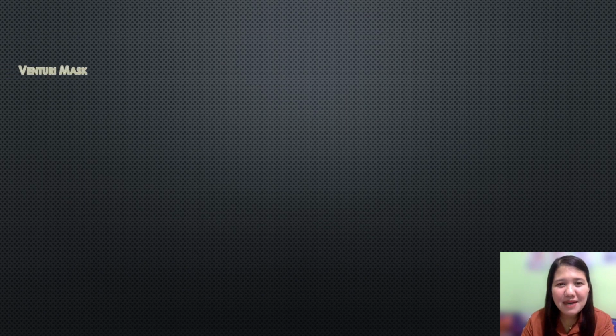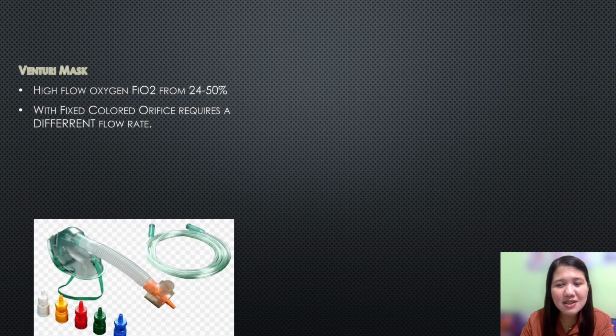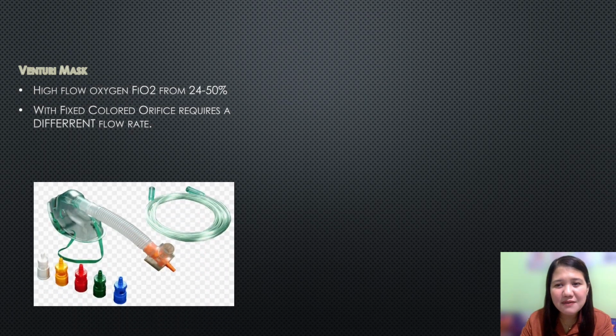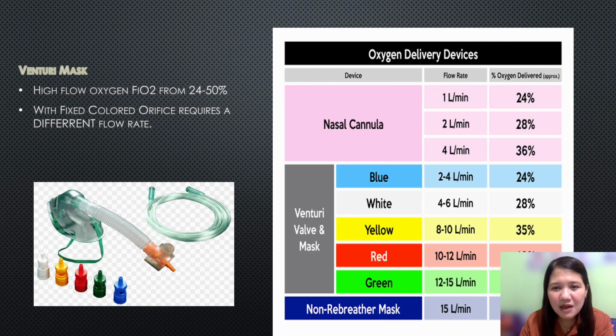Moving on, the Venturi mask. This is a high flow oxygen device which gives an exact FiO2 ranging from 24 to 40%. It has a flexible oxygen tubing line with a fixed orifice device with different colors specific to a liter flow. There are 6 different colors of these valves that deliver an exact amount of oxygen, as you can see in the image presented, each with a specific flow rate.